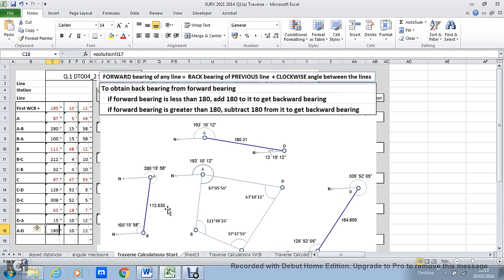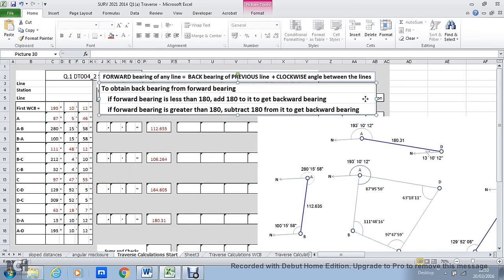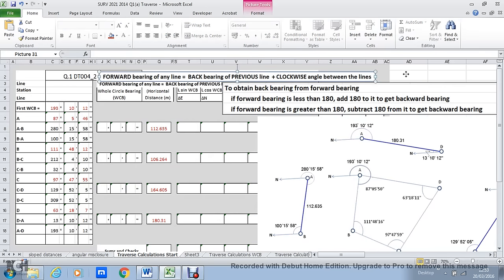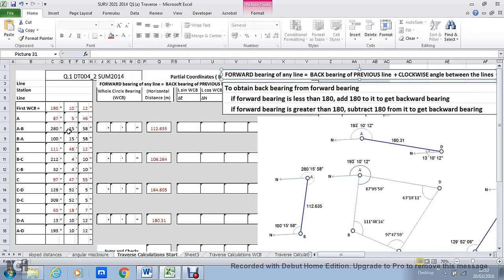Okay, thank you. Before I continue, I'll just move it off to the side here. And what we have to do is transfer these values across. So this 280, 50 and 58, you just transfer it into this cell here. So I'll do that there.